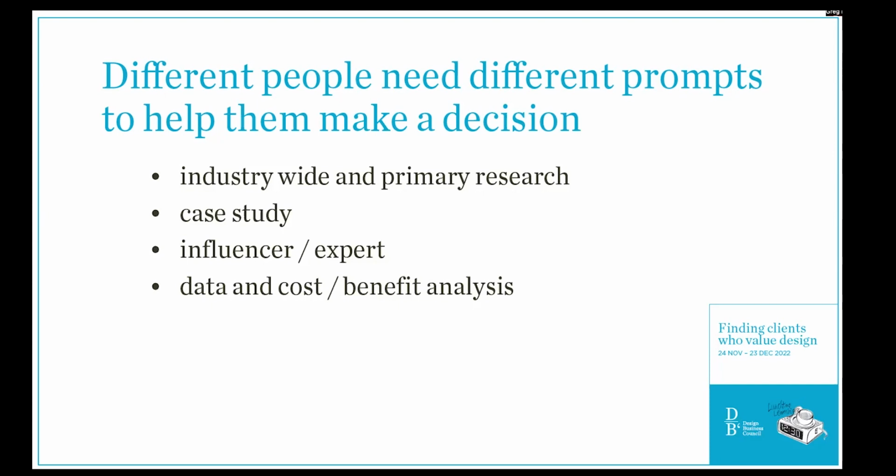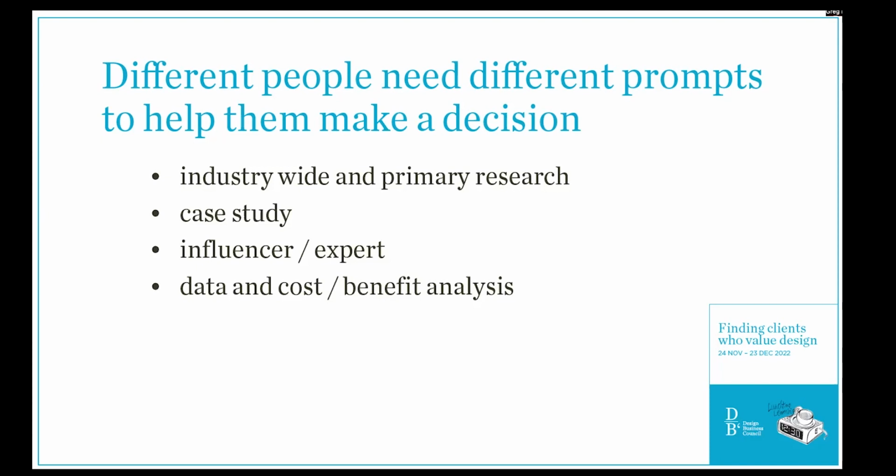They want to see case studies. They want to see where you've done something like this before with a peer organisation or something that's closely aligned to what they do, where they can see a direct relationship from the case study to them. They want to see that you're an influencer, that you actually understand their industry and can talk about it intelligently, that you're an expert in that space of their industry and how design works in their industry.